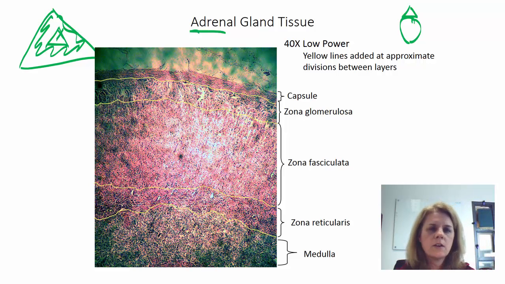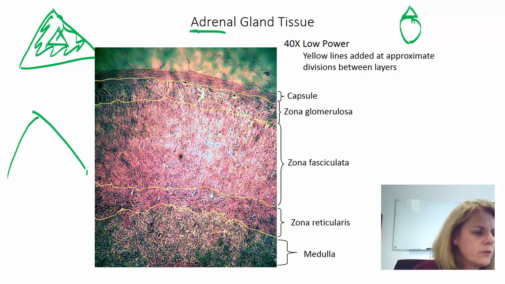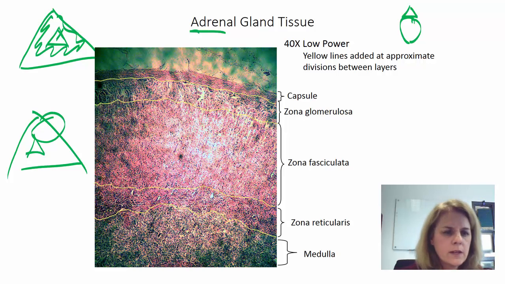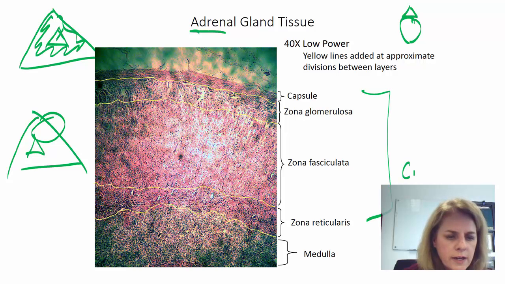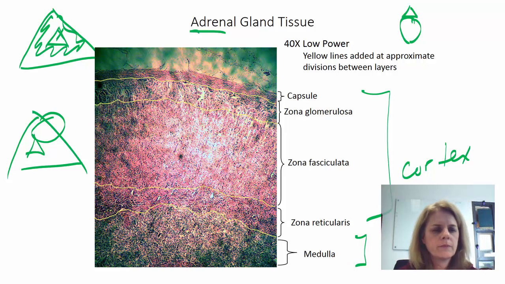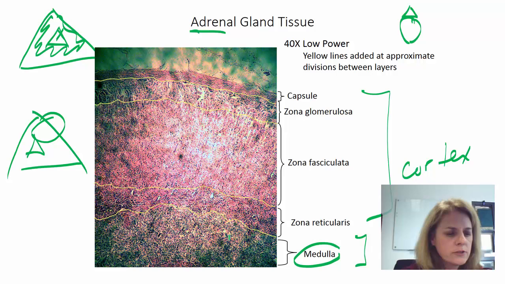So we have taken a cross section, and now we're going to blow up an area like this. So you've got your cortex and your medulla. The medulla looks very glandular, so look for that same kind of densely stained tissue you've seen before.